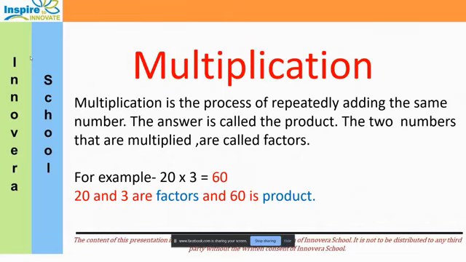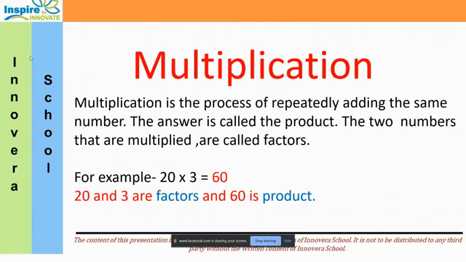I am repeating the definition. Multiplication is the process of repeatedly adding the number. The answer is called the product, and the two numbers that we multiplied are called factors.